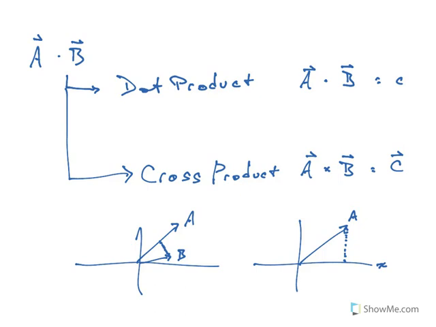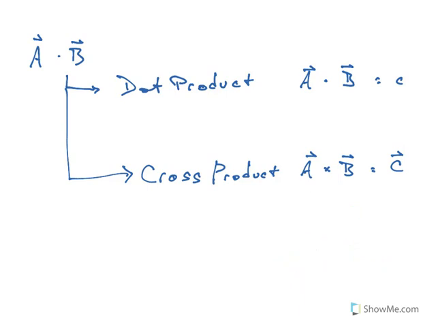Cross product kind of tells you about how perpendicular two vectors are. Or another way of saying it is, if you multiply A and B, two general vectors, then it tells you how perpendicular they are, and it gives you a new vector that points in a direction which is perpendicular.